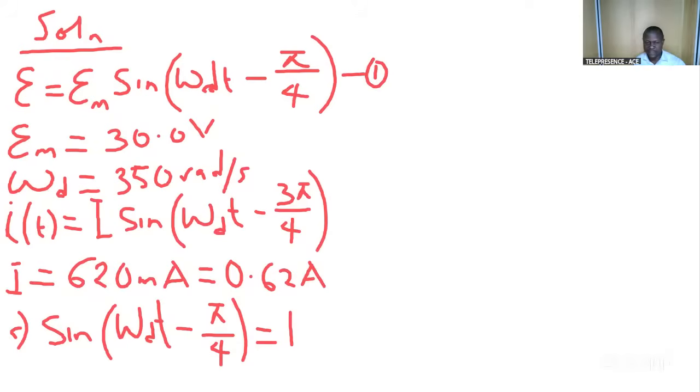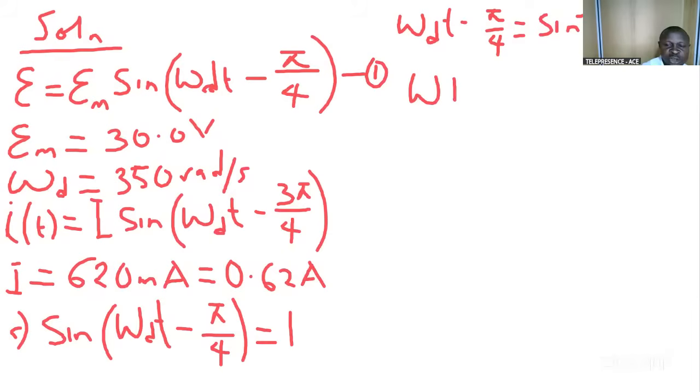We take the inverse of this. So we have omega d t minus pi over 4 is equal to arcsine 1. In radian, arcsine 1 is equal to pi over 2, that is 90 degrees.